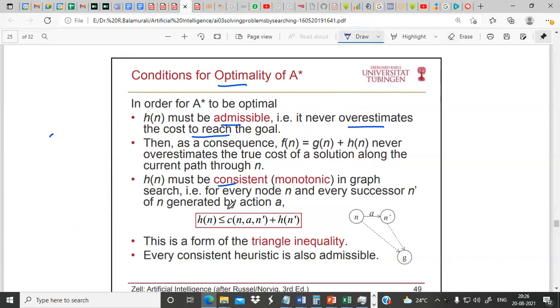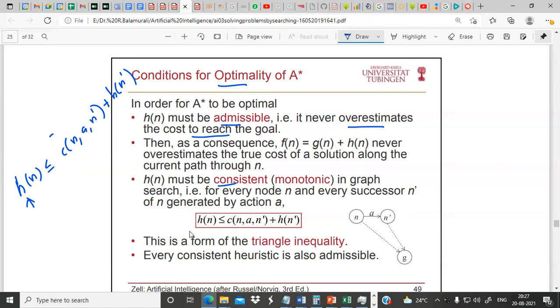A heuristic function is consistent if it satisfies this property. What is this property? This property says that h of n should be less than or equal to c of n comma a comma n dash plus h of n dash. So what is this? h of n is the heuristic cost of reaching the goal state from the nth state.